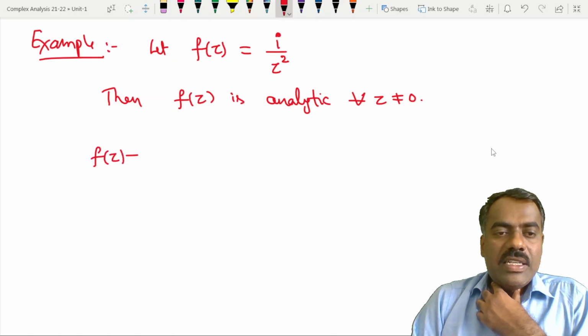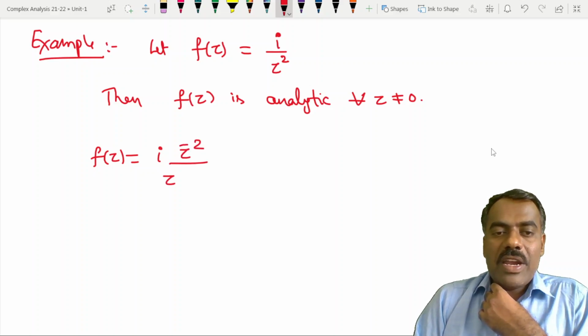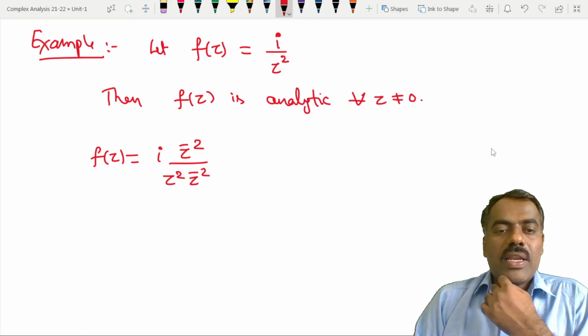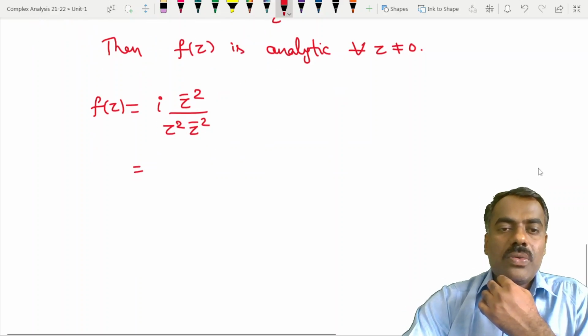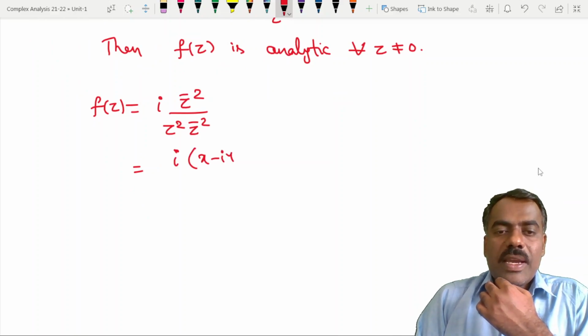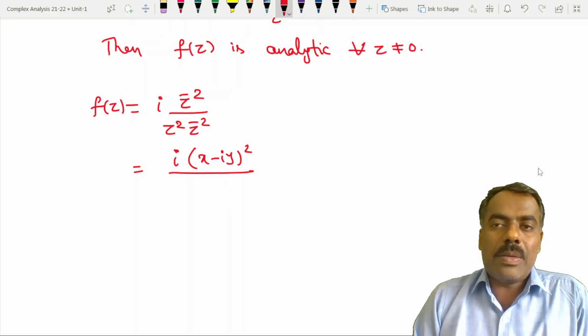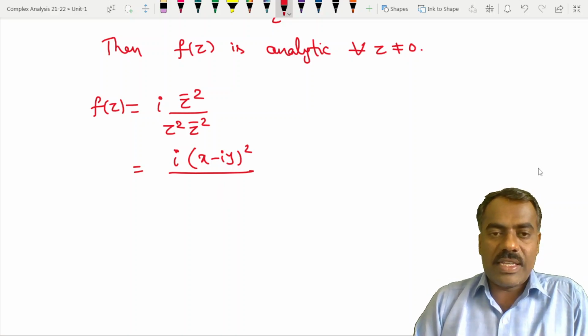So how can you simplify this? f of z is i times 1 by z square. In the numerator, you multiply and divide by z bar square, right? This is x minus iy whole square. That means we are converting this into u of x comma y plus i times v of x comma y.